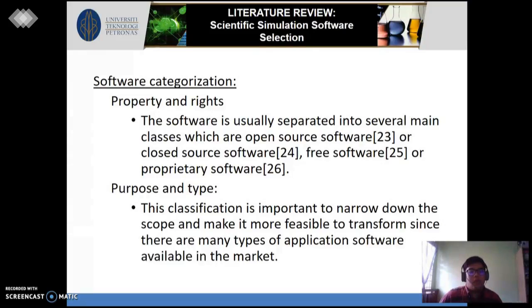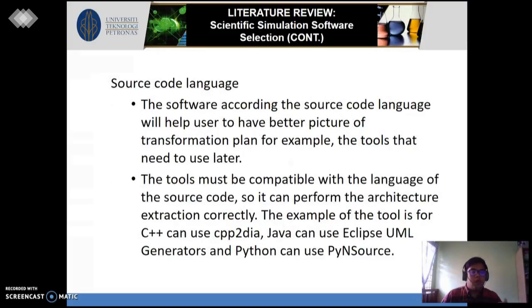Then, what are the purpose and the type of the software, and lastly, the source code language that the software is using.